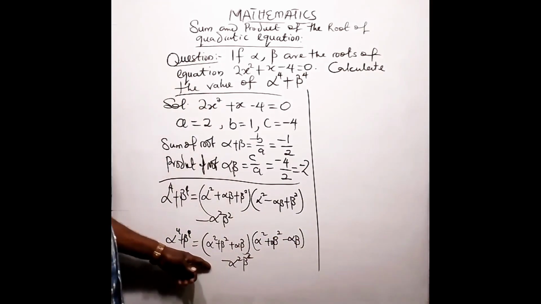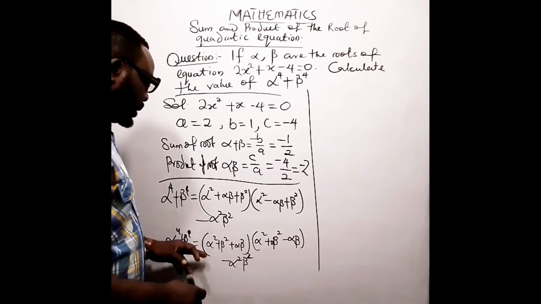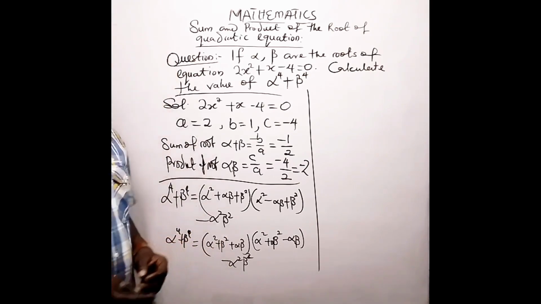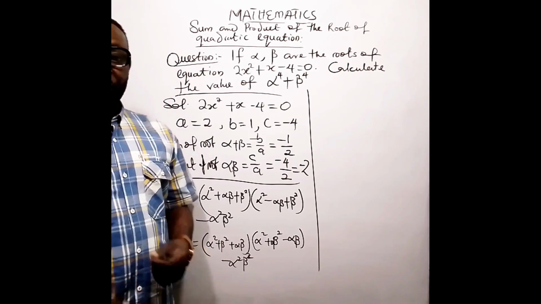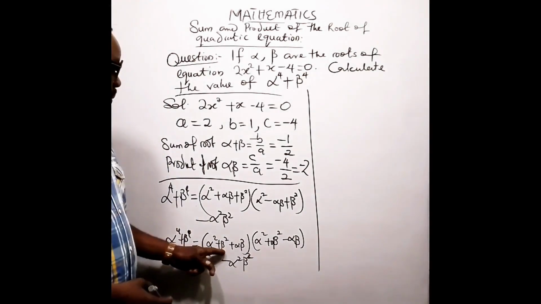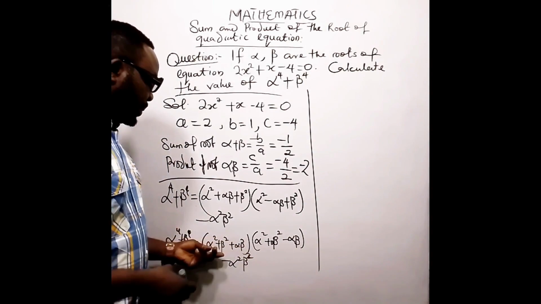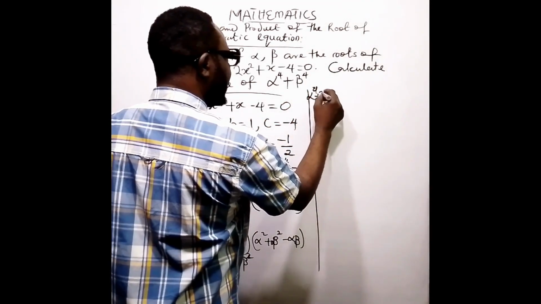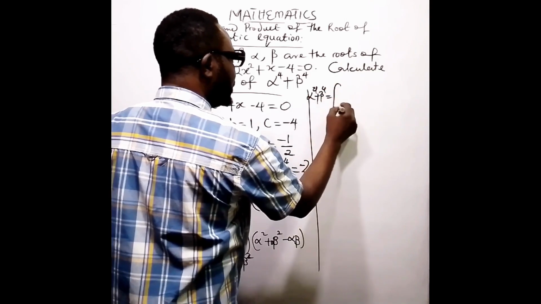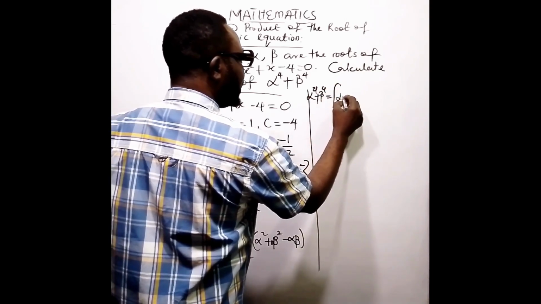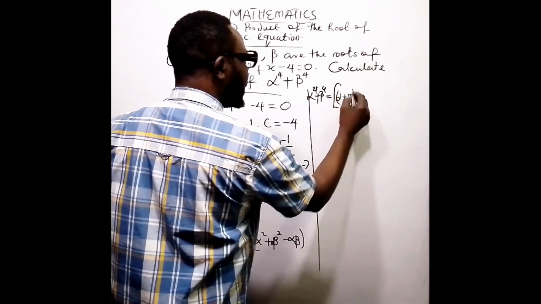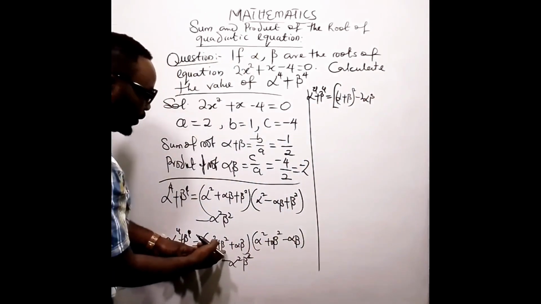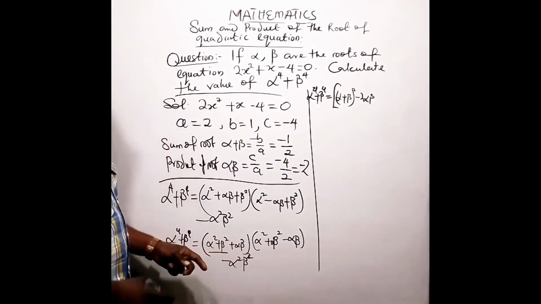That is what this means at this stage. Now, in our sum and product of roots, when we are trying to find the symmetric functions, alpha squared plus beta squared is equal to alpha plus beta, all in bracket squared, minus 2 alpha beta. That is the value of alpha squared plus beta squared.